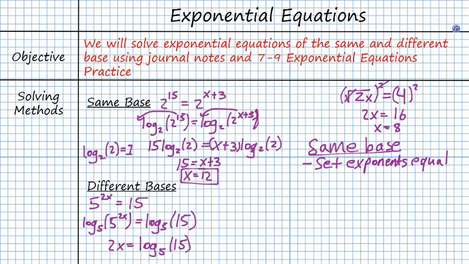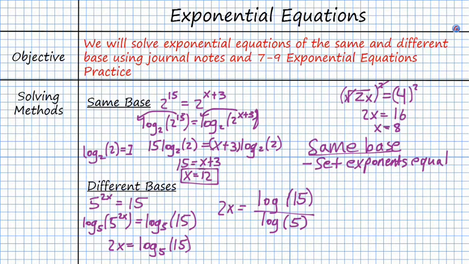Additionally, if we're trying to evaluate this in a calculator, as we're going to have to, then 2x is going to be equal to the log of 15 divided by the log of 5, because of our change of base formula.